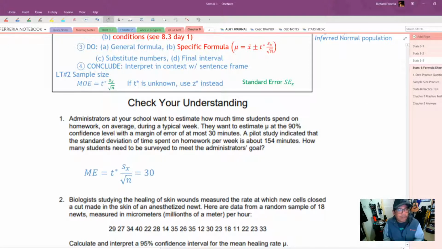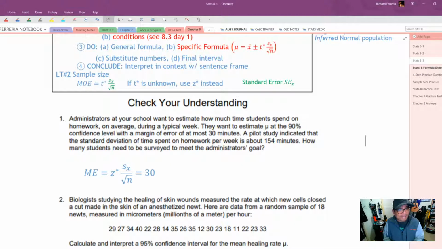So we start off with the margin of error formula, and we make sure that we want our margin of error to be 30 minutes, and then we're going to start substituting things. The first thing we notice is that we're going to have to use z-star because we don't know what t-star is. Okay, now that we have our z-star, let's go ahead and substitute numbers.